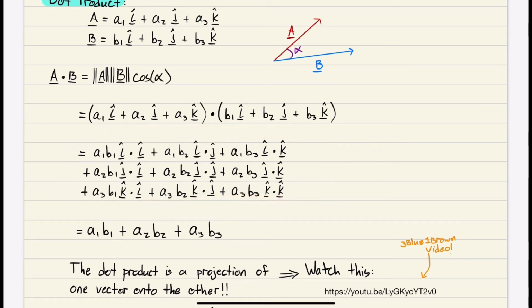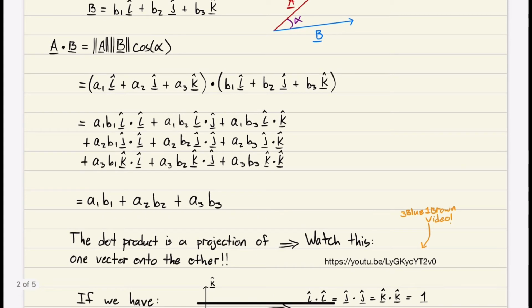And the important property we want to take away is that a vector dotted with itself is just 1. A vector dotted with another vector that is perpendicular to it is 0, right? So we have I hat dotted with I hat, and I just said a vector dotted with itself is 1, so this is 1.